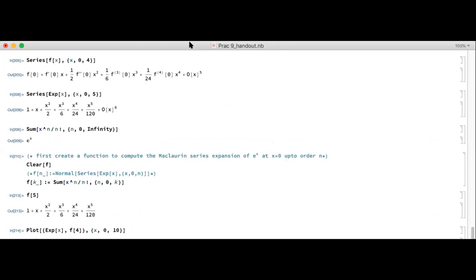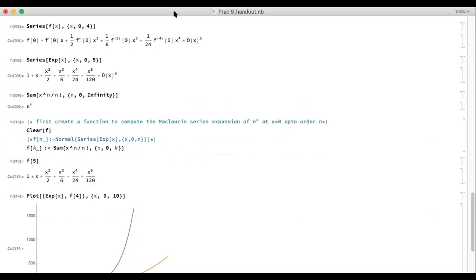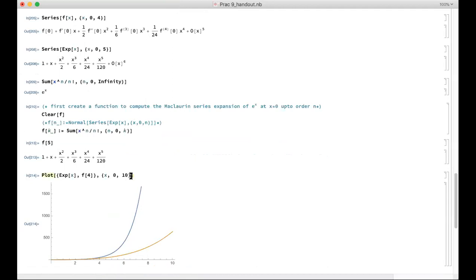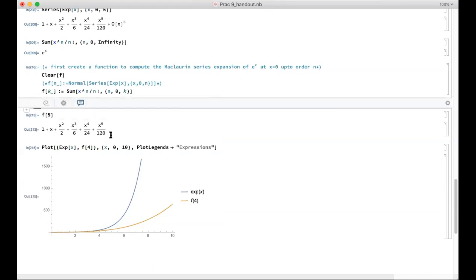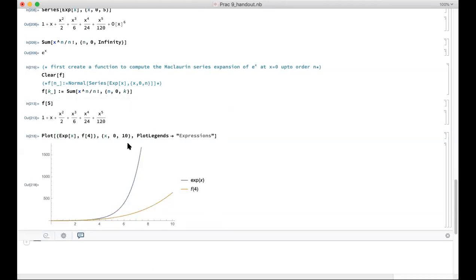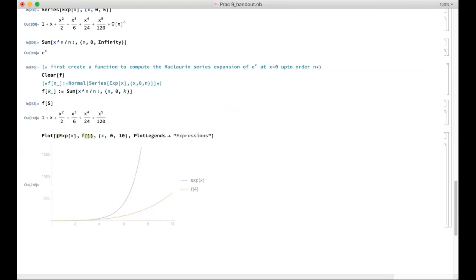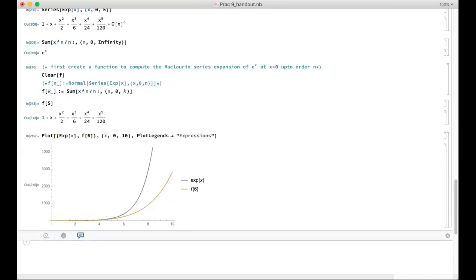We don't know. Let's define the plot legend. Okay, so the blue curve is e to the power x, and that's f of 4. Okay, is that right? How about if we change this to f of 6? Does it get better? Yeah.